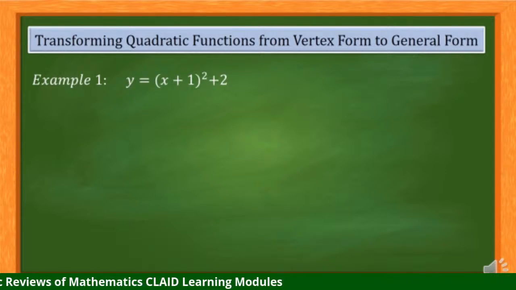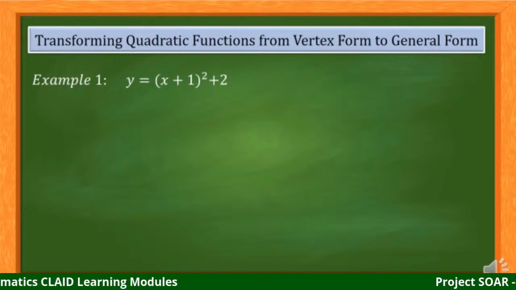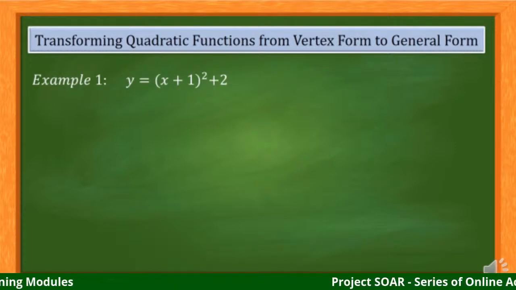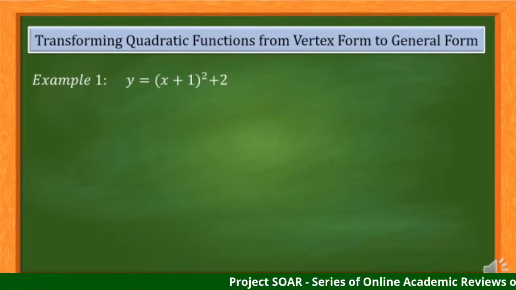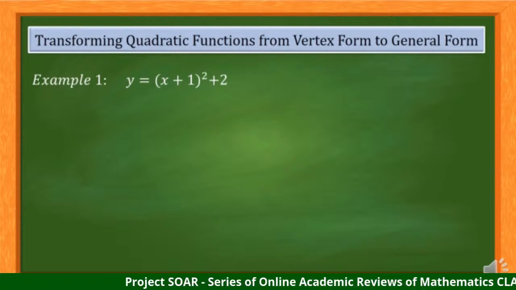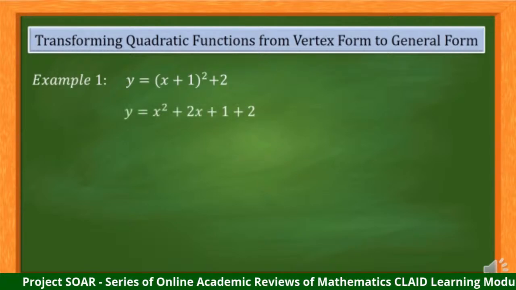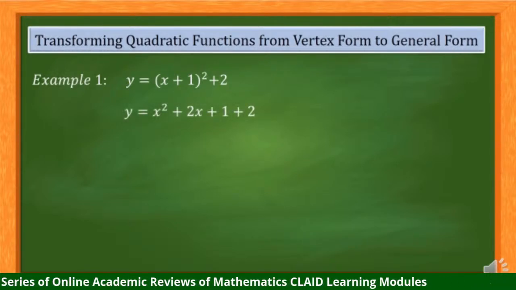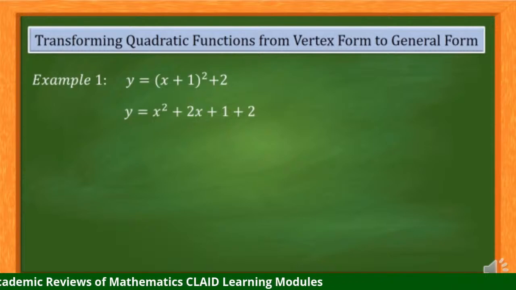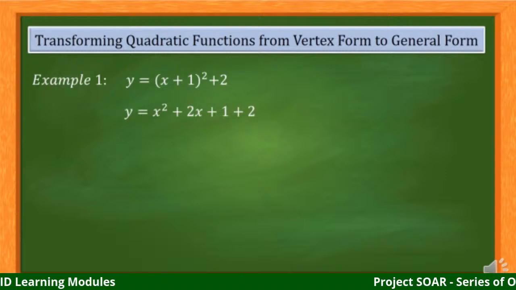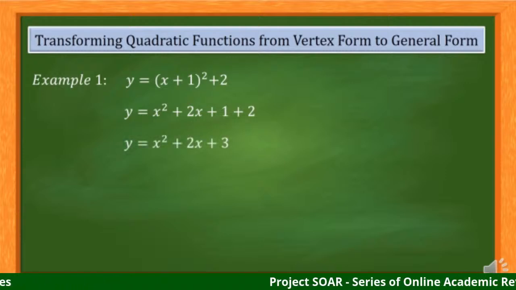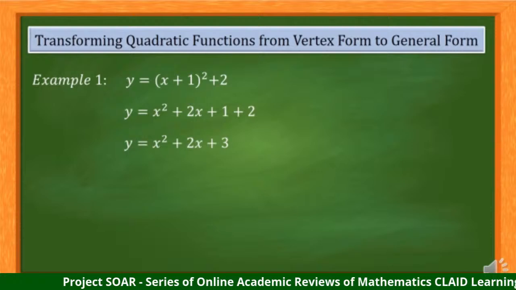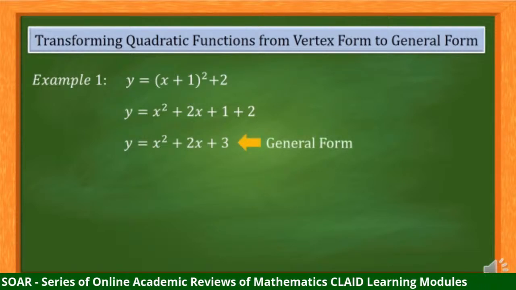Para ma-expand natin siya, i-apply natin yung concept of square of binomial, or you can use FOIL method. We have y is equal to x squared plus 2x plus 1 plus 2. And just simplify this equation. The result is y is equal to x squared plus 2x plus 3. So this is now the general form.